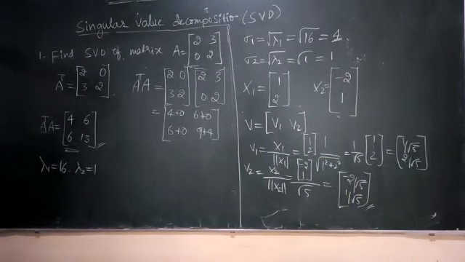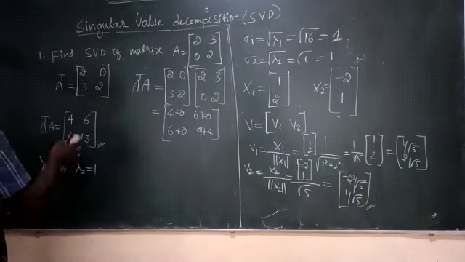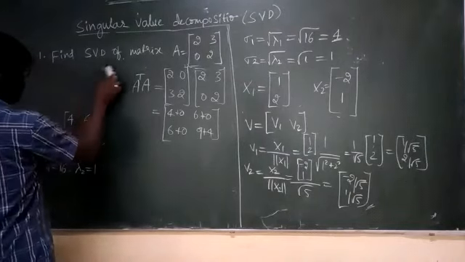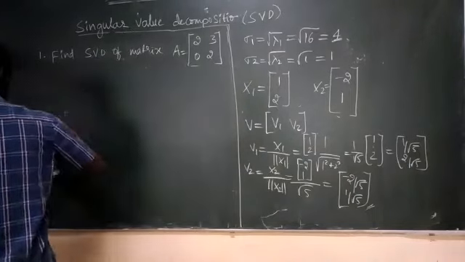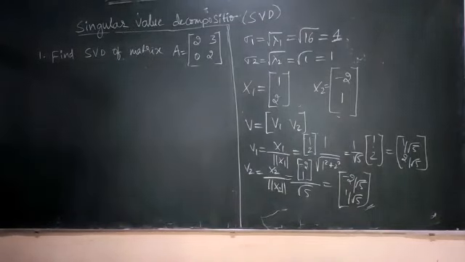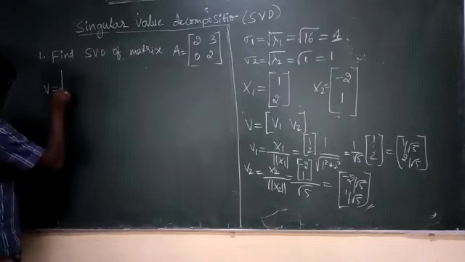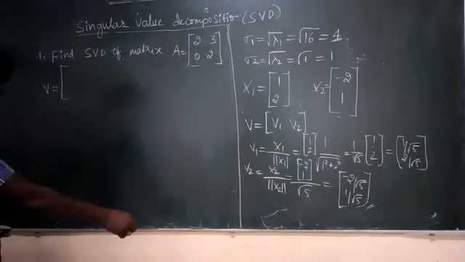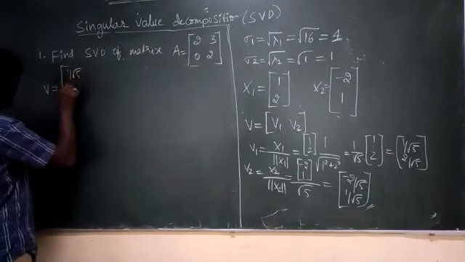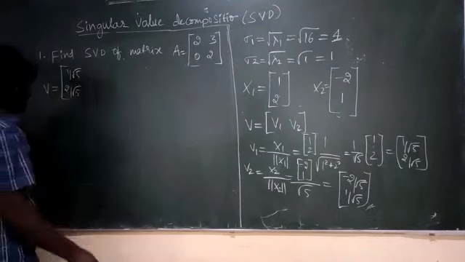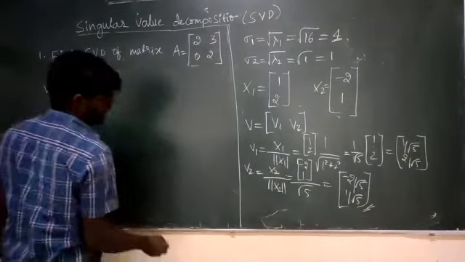Then, using the V1 and V2 column vectors, we form the matrix V. V1 is 1 by root 5 and 2 by root 5, and V2 is minus 2 by root 5 and 1 by root 5.